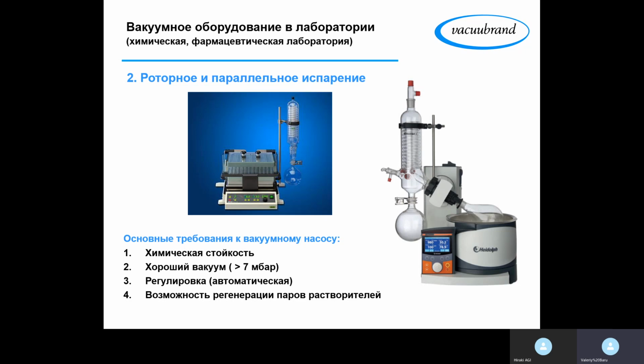For example, for the small rotary evaporators from Heidolph, Buchi, IKA, the highest vacuum they can operate at is 1 millibar. They are not designed for higher vacuum applications.